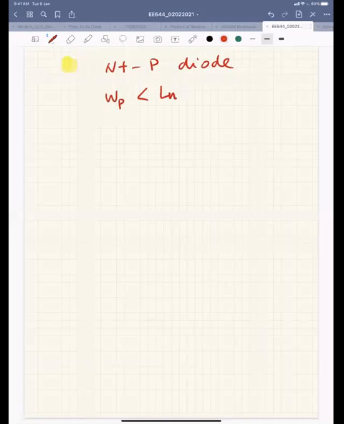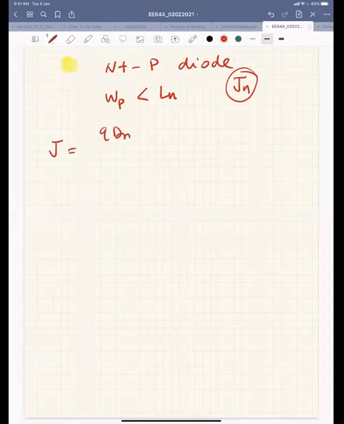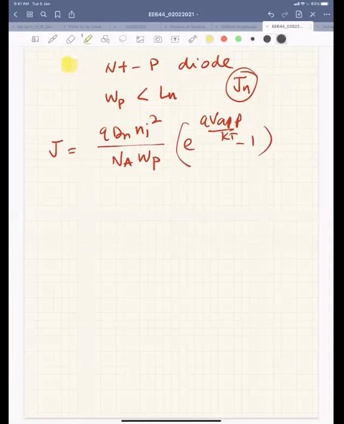For an N plus P diode, my current is because of electrons. I have only electron current. So my total current will be q Dn ni squared over Na Wp times e to the power q Vf by kT minus 1. See this equation.